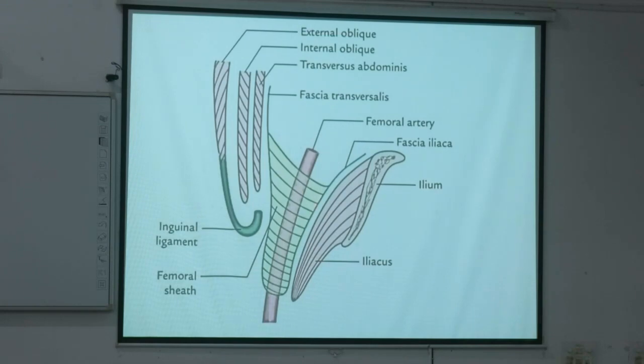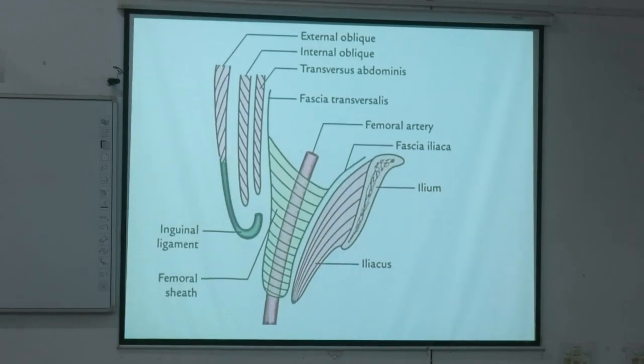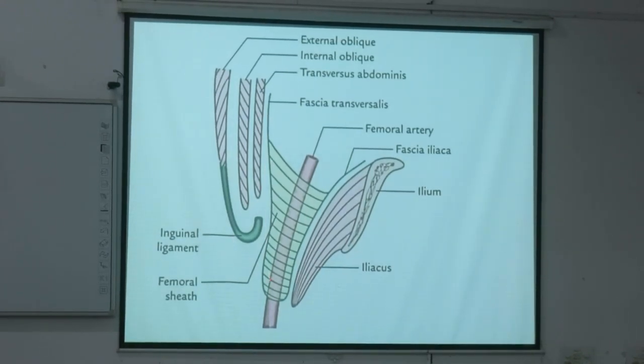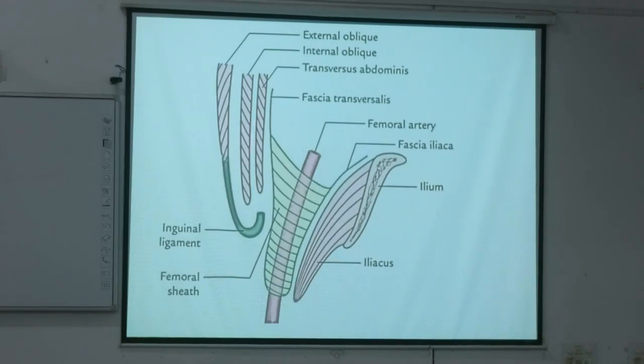Fascia iliaca is the fascia covering the iliacus muscle, and the posterior wall of the femoral sheath is formed by the fascia transversalis, which is covering the posterior aspect of the flat abdominal muscles. Flat muscles of the abdomen from outside inward are the external oblique, internal oblique, and transversus abdominis. Deep to it lies this fascia transversalis. So these two layers extend downward to cover the femoral vessels, forming the femoral sheath.